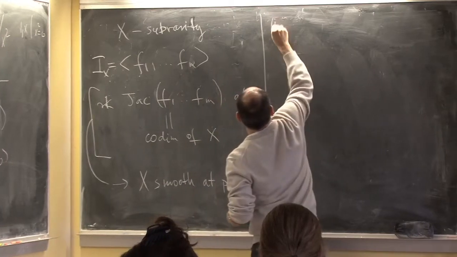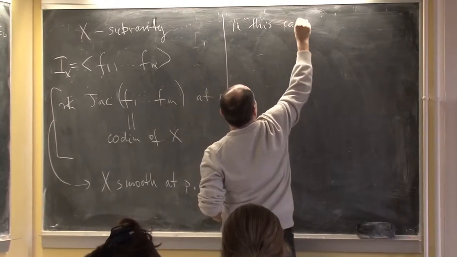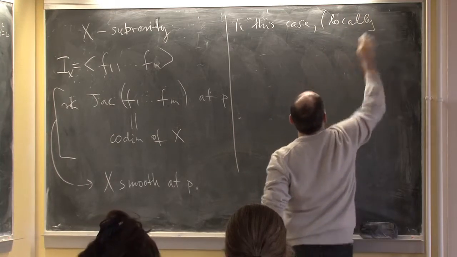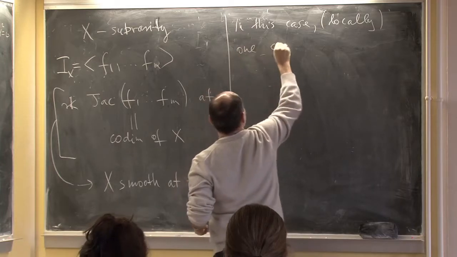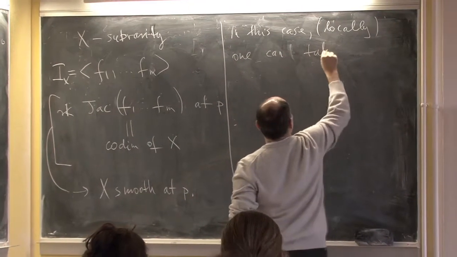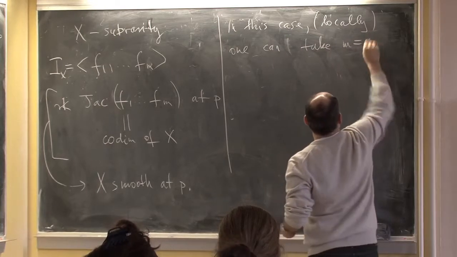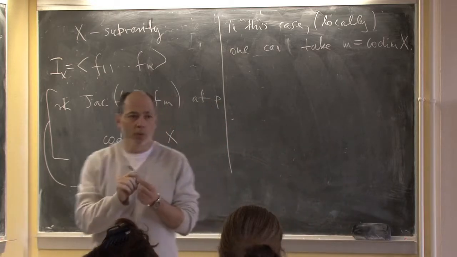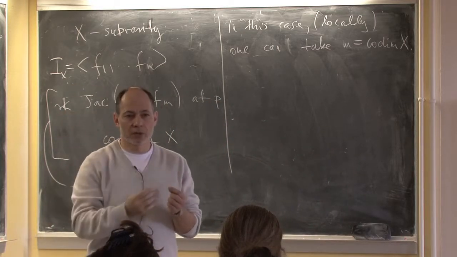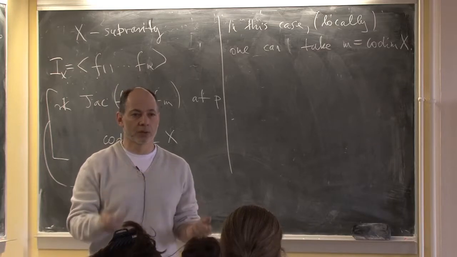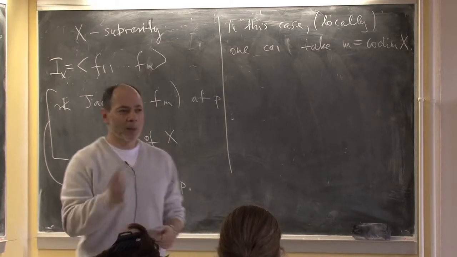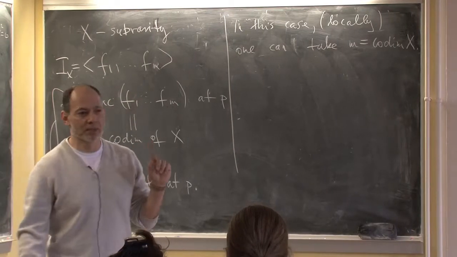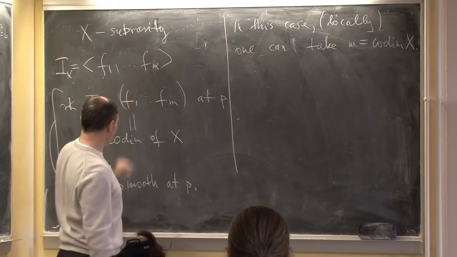So what I'm trying to say is that locally near a point, you can take as many functions to define the ideal as the codimension if the thing is smooth. But a priori, this is not true. A priori, you just have to take all functions. So that's why this m is there, which is not necessarily the same as the codimension of X.